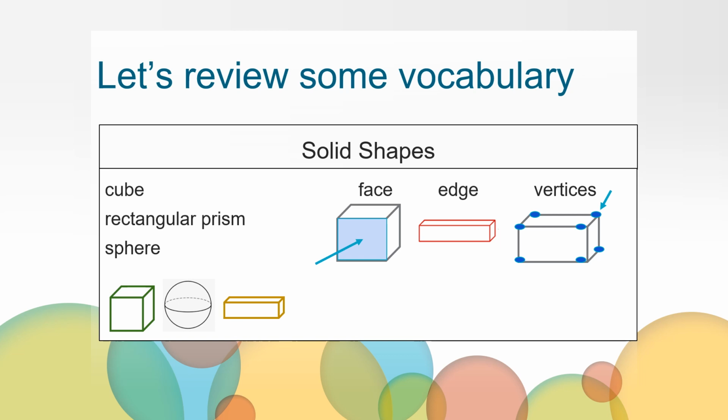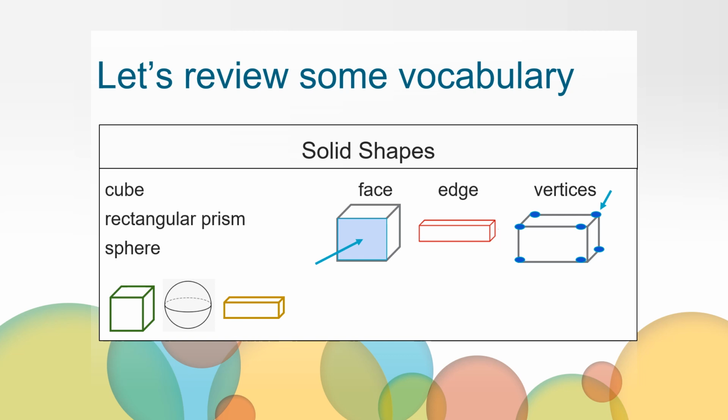You should have touched and counted 12 edges on your rectangular prism. The last thing we are going to look for are the vertices. Remember, vertices are where the edges meet, like the blue dots in the picture. Touch and count the vertices on your rectangular prism.